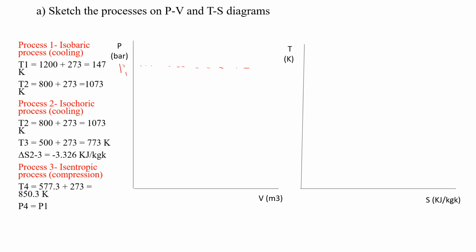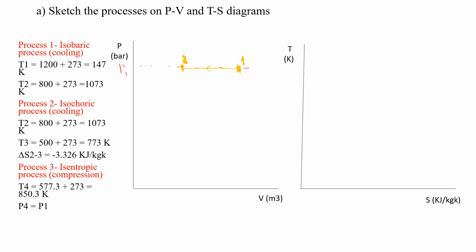So now we draw from state 1 to state 2. So this is the path of the isobaric process, and this is the direction.